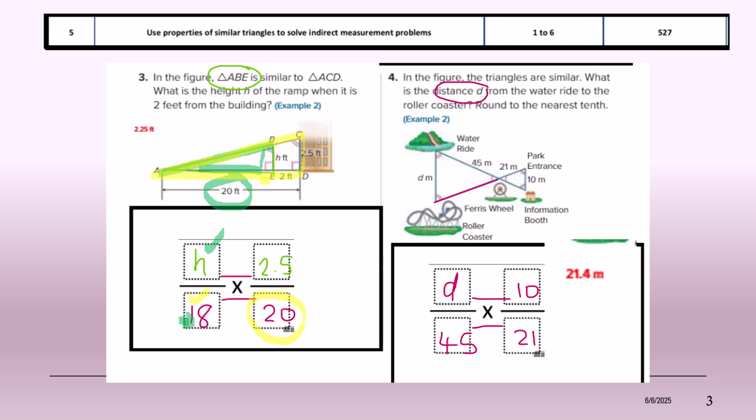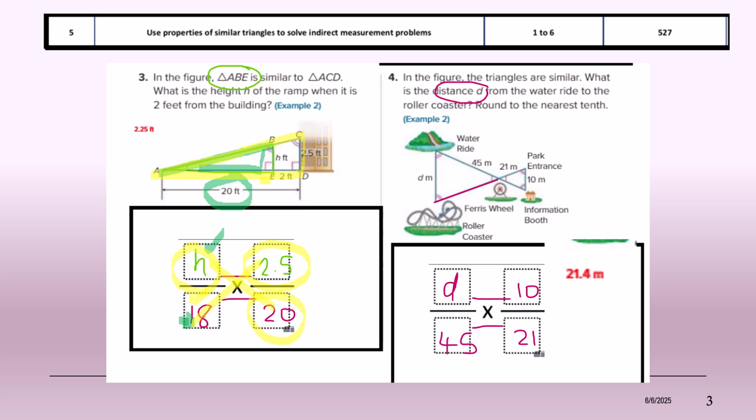So you can see that we always have two triangles. So isolate your triangles and write down the measurements. So now you would have 2.5 over 20. Once again, cross multiply and solve for h using the same method that we used in the first example.